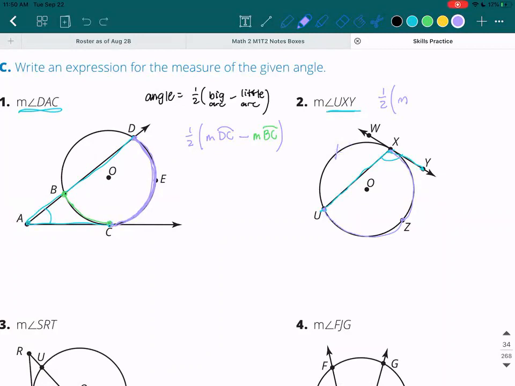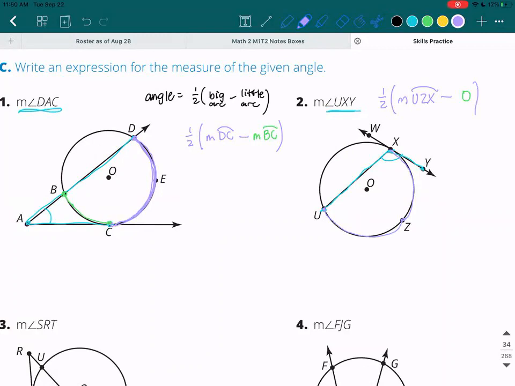We are looking for the major arc, so you write U, Z, X. That is our big arc, minus, in this case, we don't even have a little arc, so you can just say minus 0. Sometimes you don't have a little arc, and that's okay. If you don't have a little arc, it's 0.